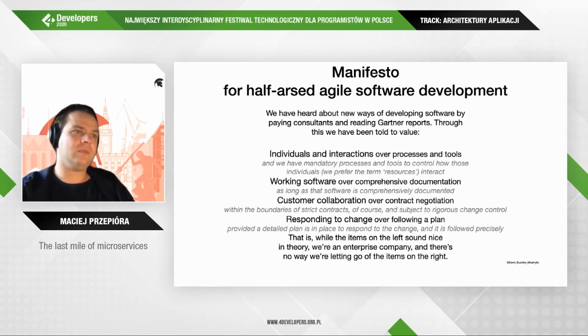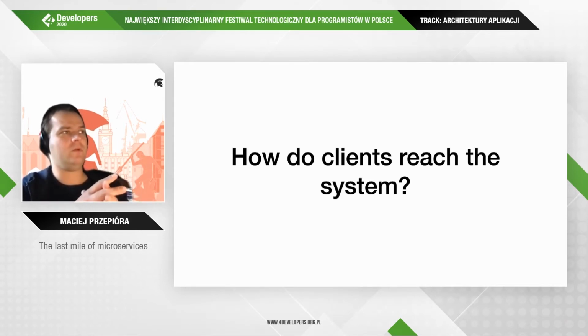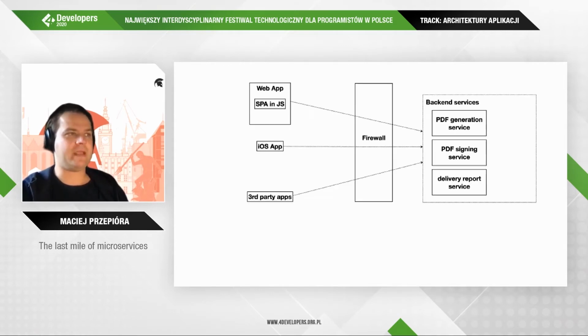And now let's think about how clients reach the system. So let's say that we have a backend for the system, and now we want the front end to reach that backend. So what are the typical ways of doing that? If we have a small application or a set of small applications, we have different kinds of clients consuming the service's API.